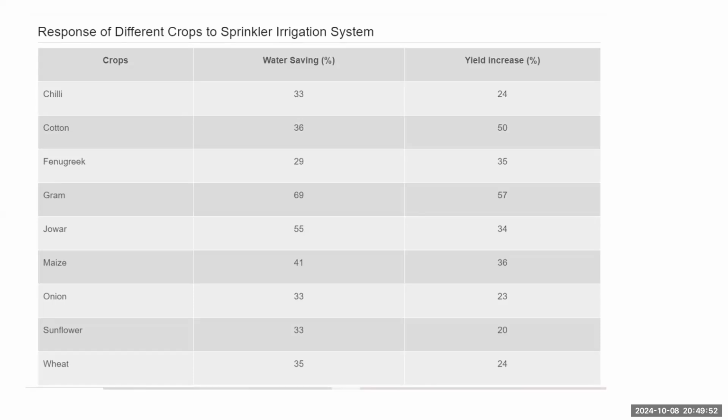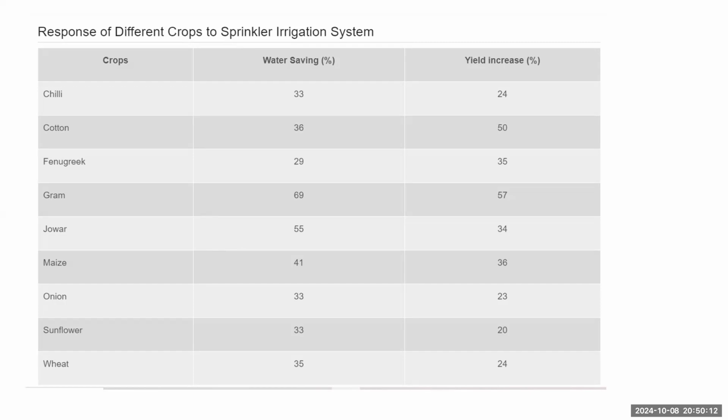Up till now, we have discussed all conventional systems of controlled flooding. In comparison with these, the sprinkler irrigation system saves a tremendous amount of water.